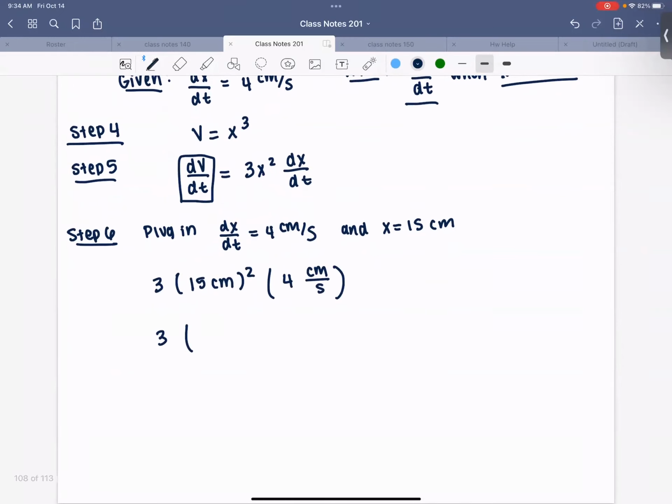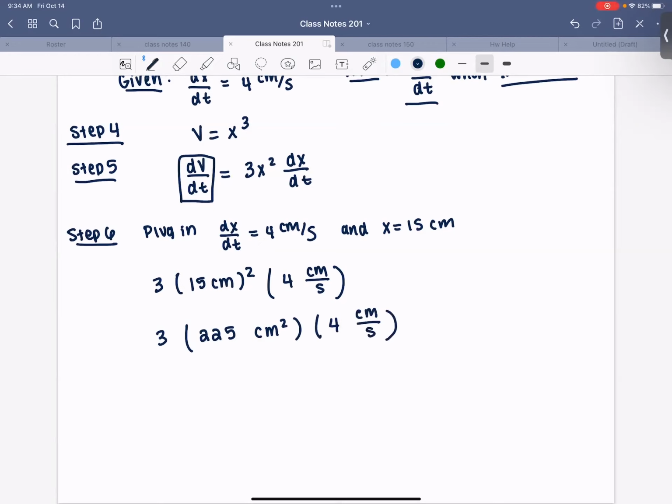Okay. What's 15 centimeters squared? I got 225. And what are the units after I square 15 centimeters? Centimeters squared, good. Okay, this is still multiplied by 4 centimeters per second.